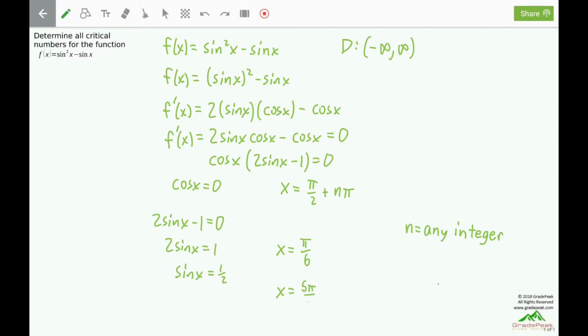It does not happen in the third or fourth quadrant of the unit circle because sine is negative in those quadrants. But sine repeats itself every 2 pi, so this will be plus 2n pi on each of these, for n being an integer, so it takes care of the periodic nature of sine, which repeats itself every 2 pi.